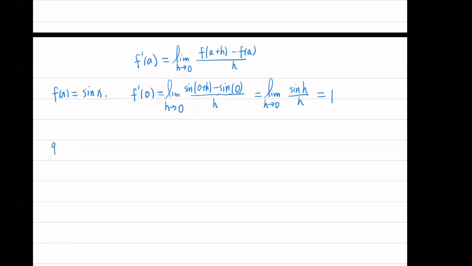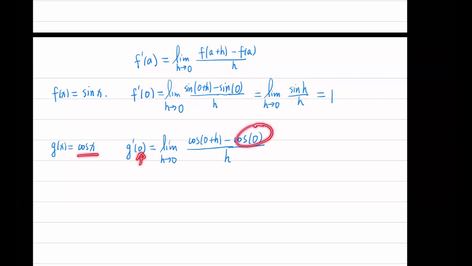Another one, g(x) equals cosine x. Sophia, what's the definition of the derivative at 0? The limit as h goes to 0 of cosine of x plus h minus cosine of x, over h. At 0, that's cosine of 0 plus h.